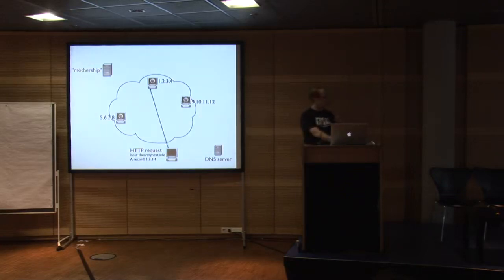So the machine just issues an HTTP request, which is relayed from the fastflux agent back to the mothership. Effectively, the fastflux agent is just a simple proxy. It's nothing fancy, just relaying HTTP requests back to the mothership. The mothership then sends the content back to the fastflux agent.